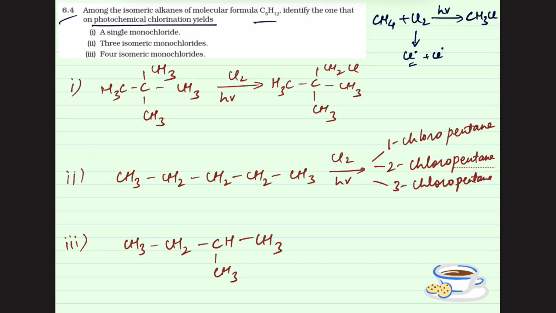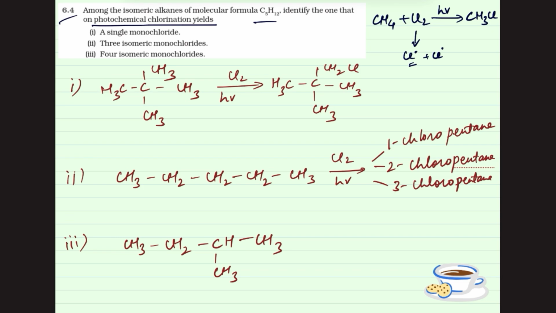So this is known as photochemical chlorination, where one of the hydrogens of methane is substituted by chlorine, or in general, hydrogen of an alkane gets substituted by chlorine in the presence of light.